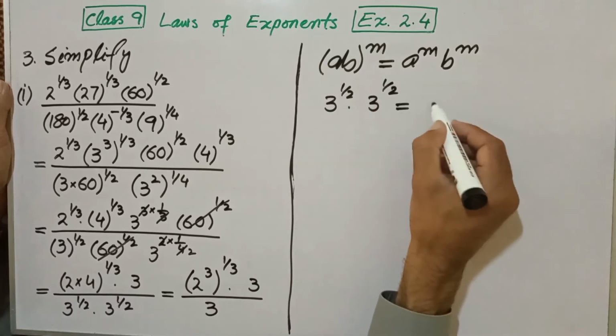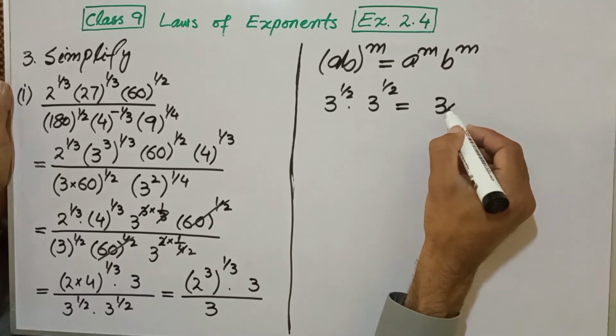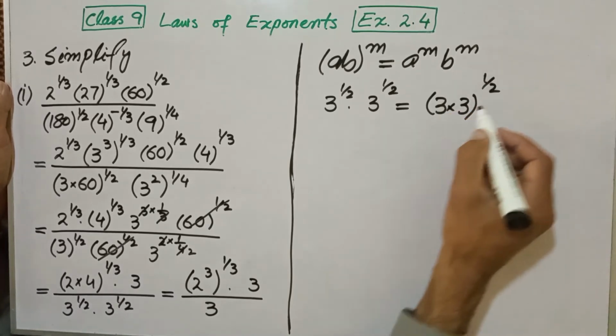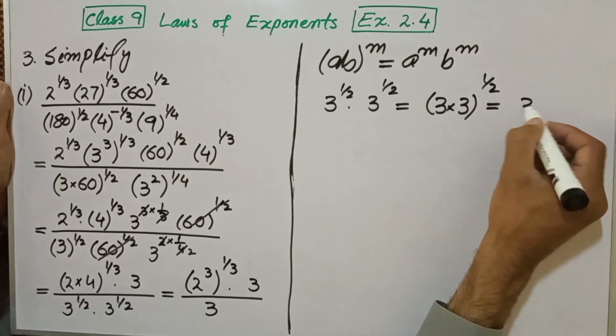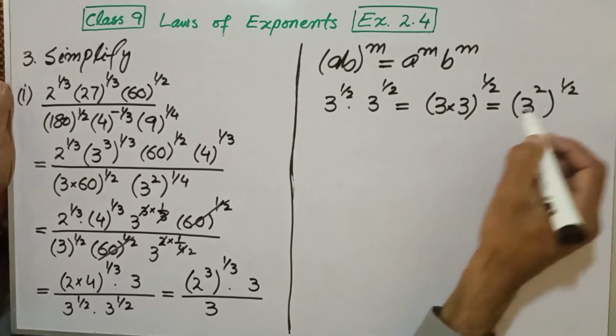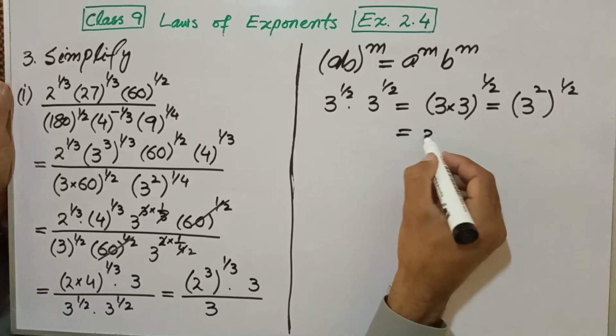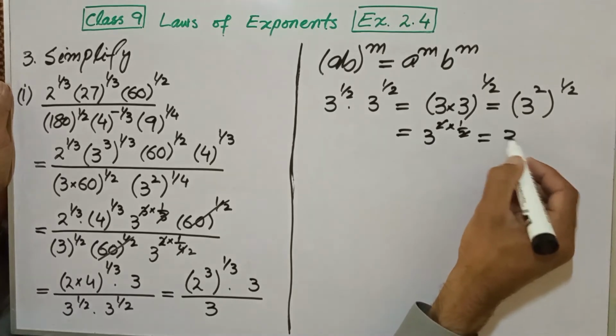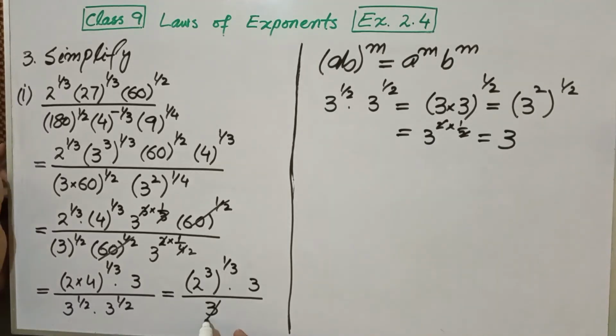We can write 3 into 3 1 over 2, and then this is 3 square 1 over 2, and then the power is multiplied with the power, so we have only 3. Here 3 is cancelled with 3, and we know that the cube root of 8 is 2, so here we have 2.